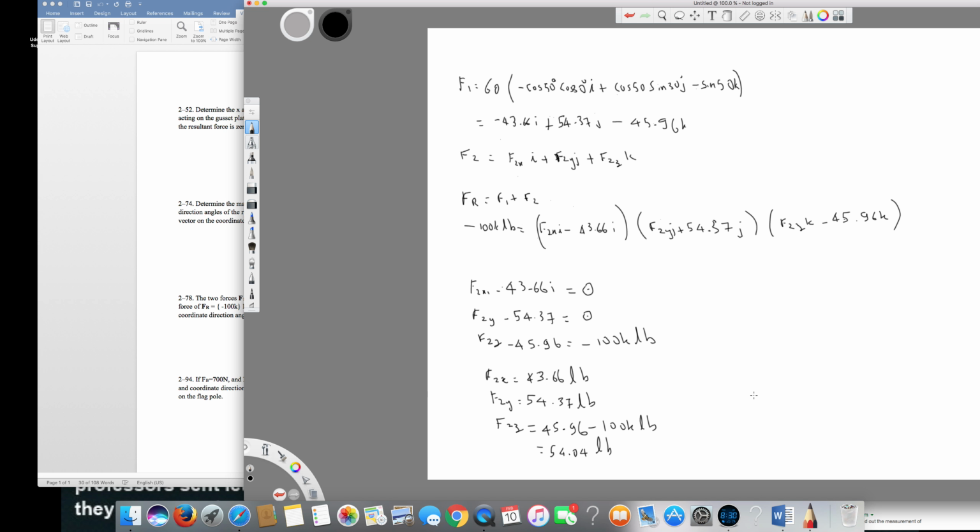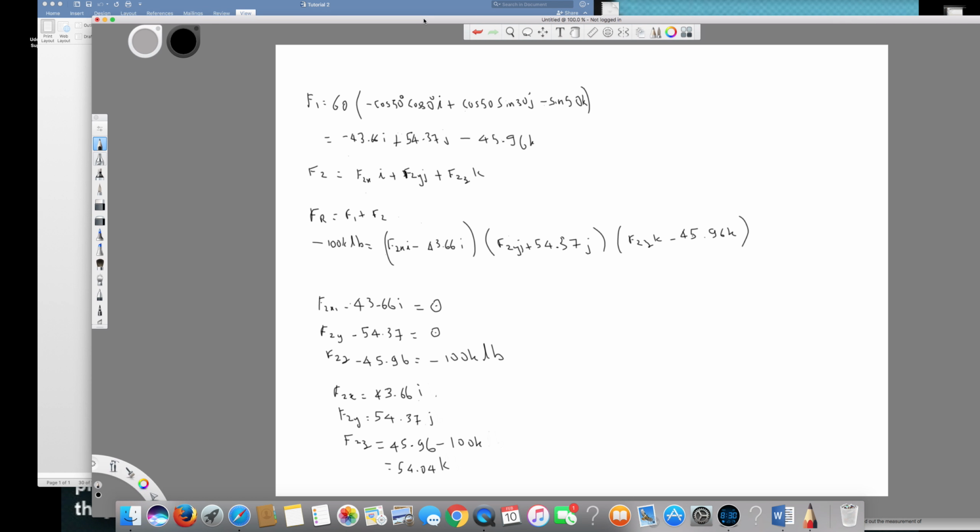Now we can't write lb because this is still ijk components. We didn't find the magnitude yet, so we have to be careful about that. These are the i components, j components, k components.